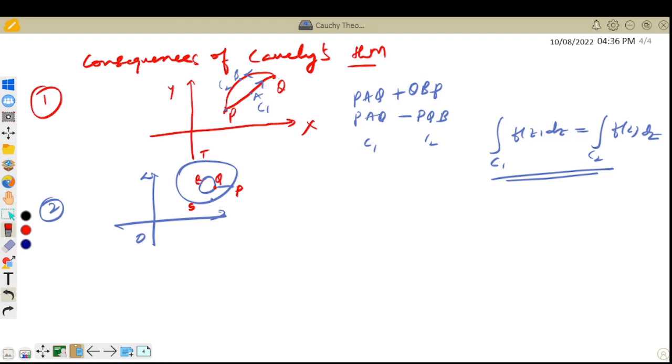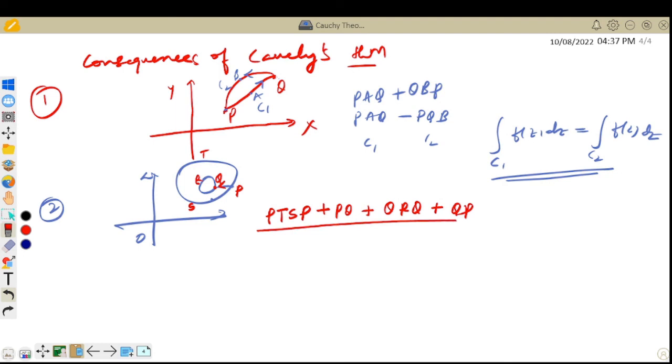Now how to make this connected? Look, I am going from P T S P, which is over. Then I go inside PQ plus once again Q R Q, plus QP.